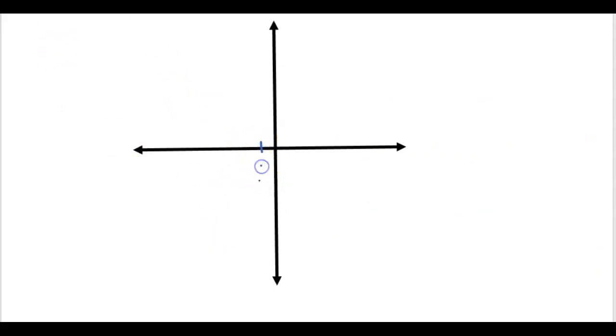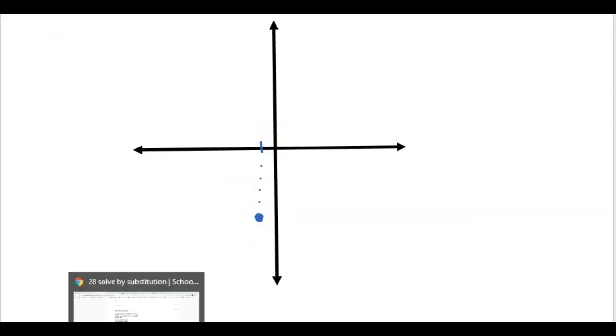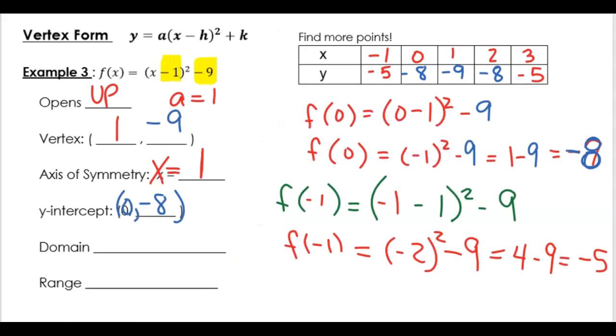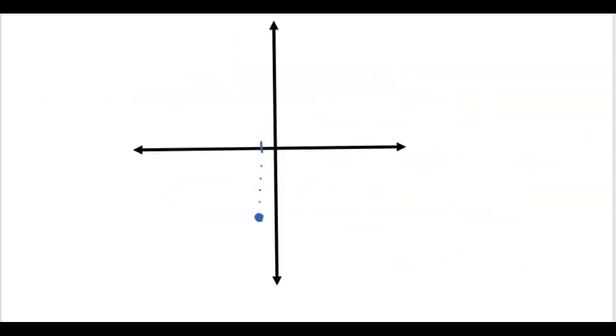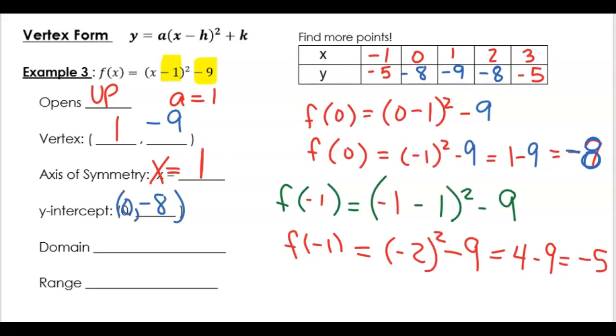Negative 1, 1, 2, 3, 4, 5. And 0 and negative 8. Which way is this supposed to be? I didn't go far. Okay. 0 and negative 8.